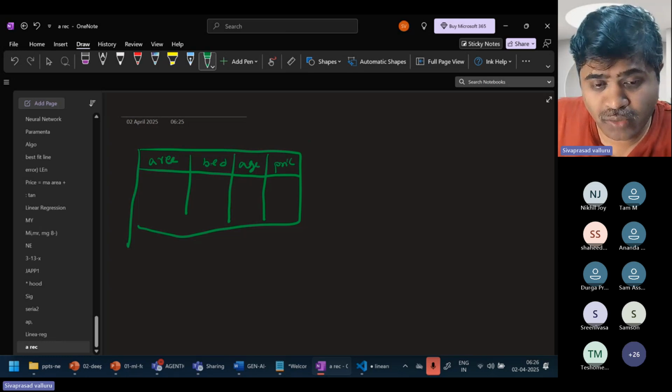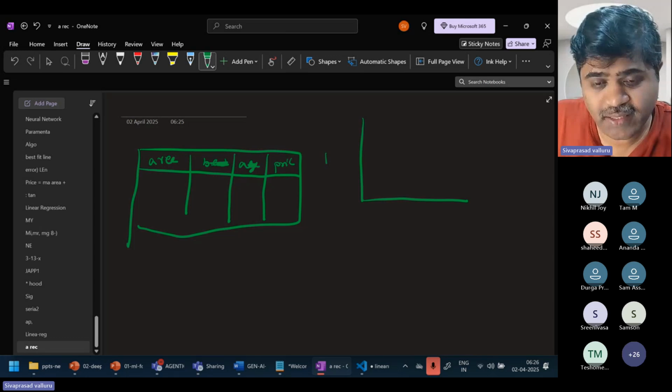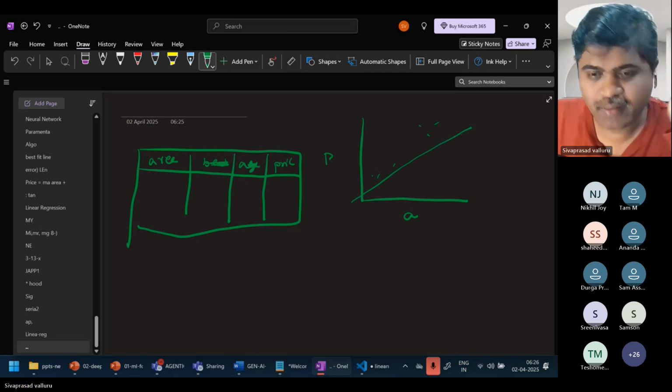I told you initially, if I have to predict the price of the house based on area, I will plot area and price on the x-axis and y-axis, plot all the points, and try to find a best fit line.